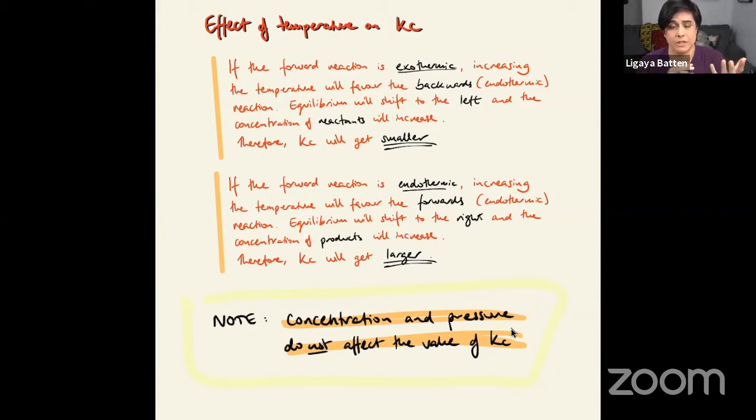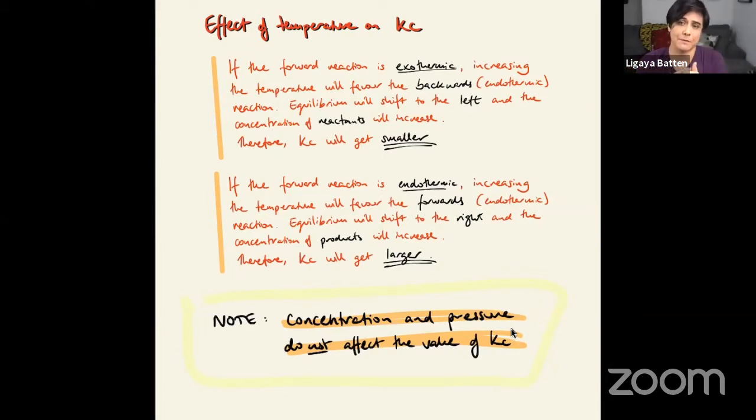So even if, for example, you add some extra A, so you've increased the concentration of A, yes, the equilibrium will shift to the right to counteract that change according to Le Chatelier's principle, but overall, the reaction will rebalance and the new equilibrium will be established, which will have the same Kc.